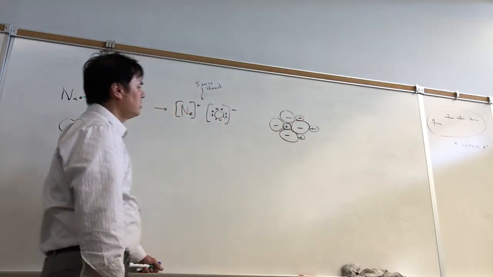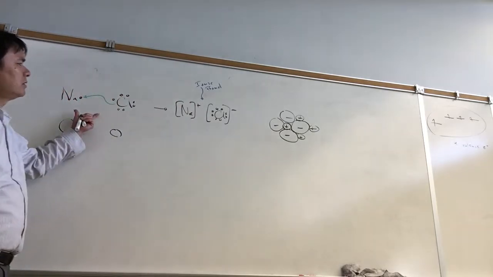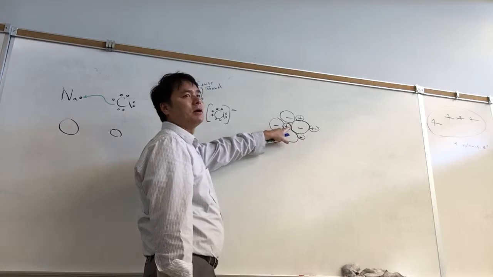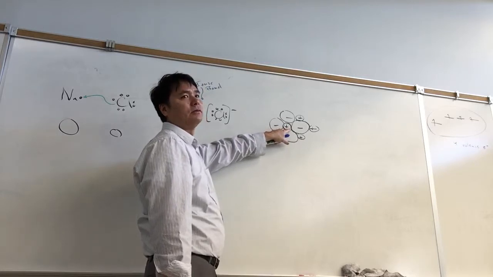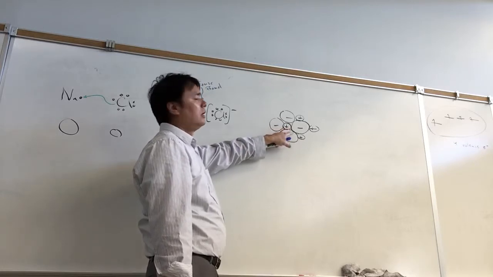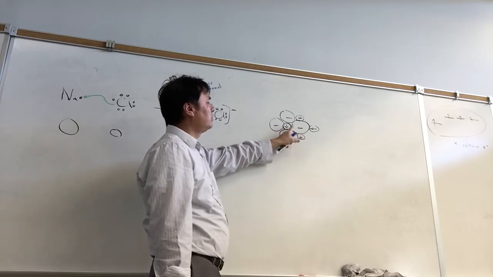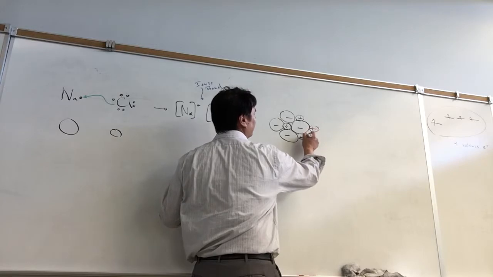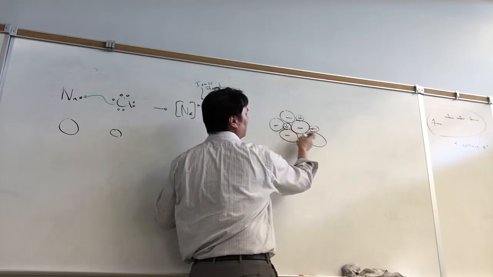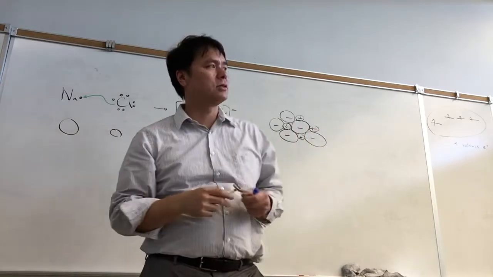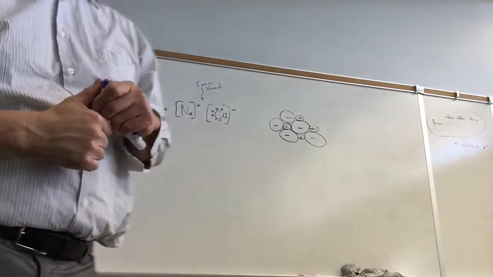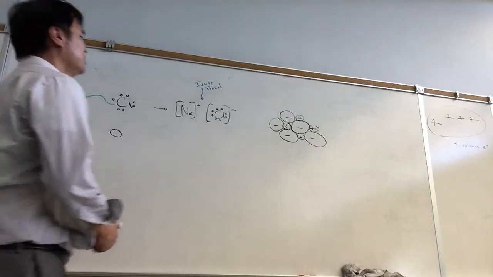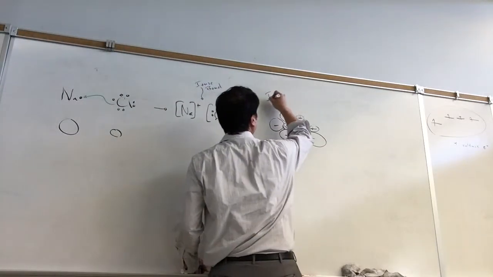And so really, as far as ionic bonds, if I have a mole of this, I'm going to get 6 moles worth of what we call nearest neighbor ionic bonds for each ion. And then the next nearest neighbor would be a repulsion, but the next nearest neighbor would be an attraction. And so what we do is we sum up all these attractions and repulsions, and net attractions are going to be stronger. And so what we have there is an ionic lattice.